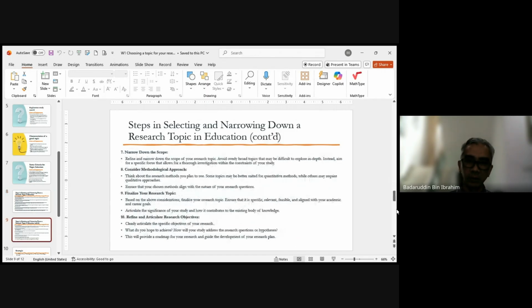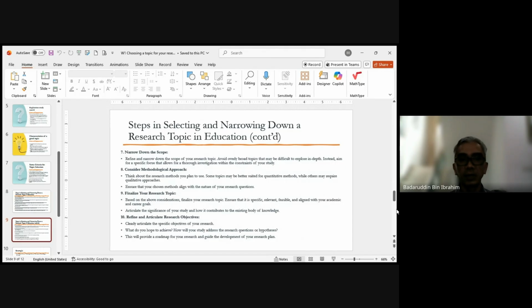As I mentioned, narrow down your scope, and then consider the methodology approach. Then start finalizing your research topic in order to come up with your title, and start refining and articulating your research objective. This is how you can narrow down your research topic.